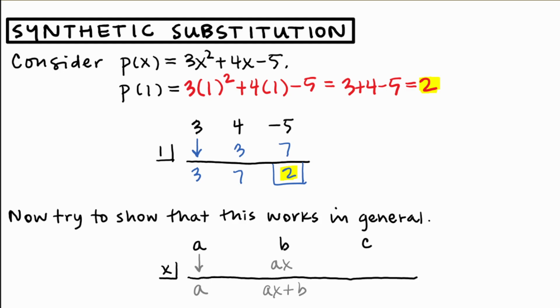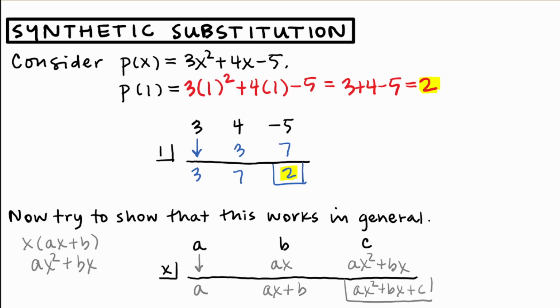Then if I multiply that by x, I have to distribute x to both of these things. So I'd have a times 2 powers of x, and b times 1 power of x. If I added these all together, I'd get ax squared plus bx plus c, which is what I would expect.